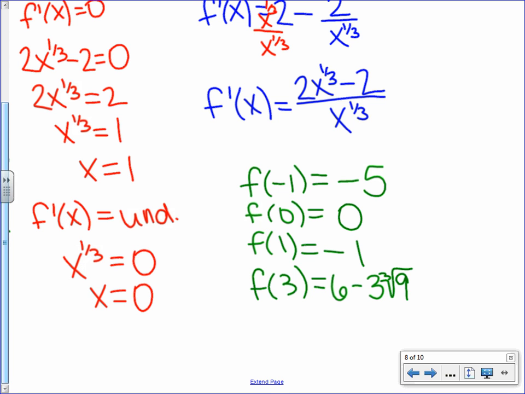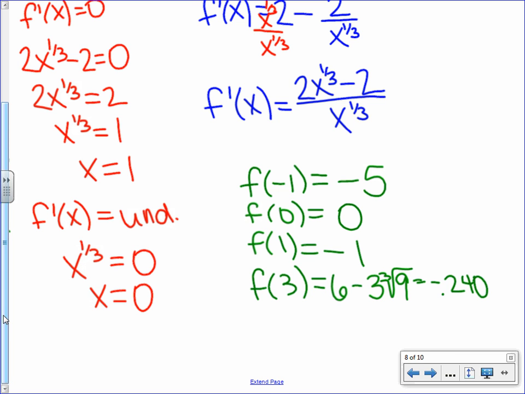Okay, that's not something that we can evaluate, but we can put that in our calculator. I can already tell that that's going to be a negative value of some sort. Okay, so if you put this in your calculator, I believe you should get -0.240.